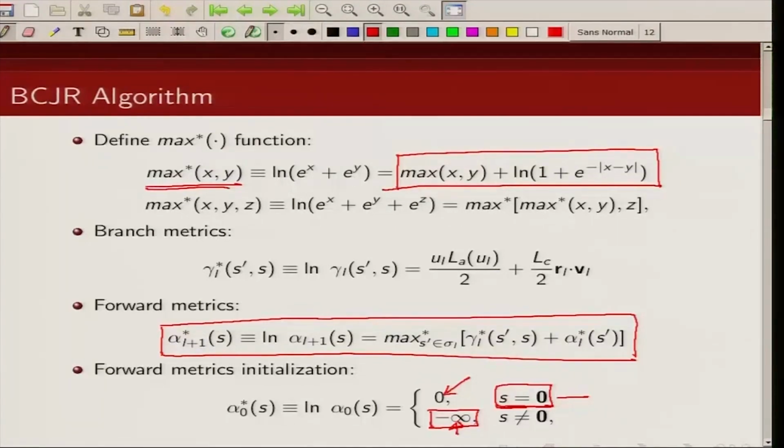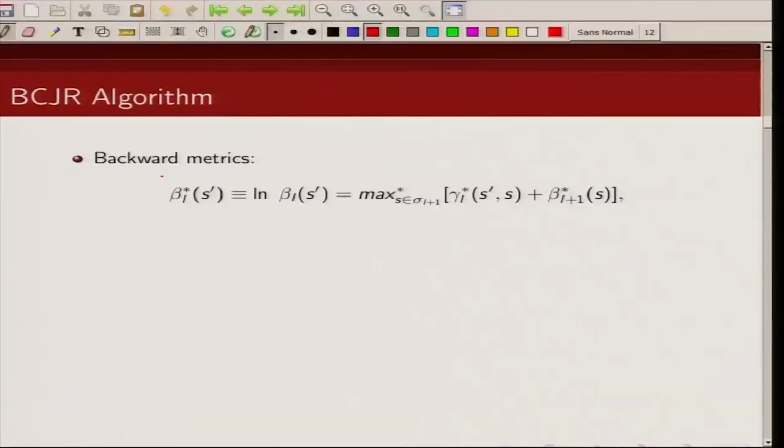That's why we are rewriting our forward recursion, backward recursion and gamma in the log domain, so that where we had summation, it has now been replaced by the max star operator. Wherever we had multiplication, it has now been replaced by addition.